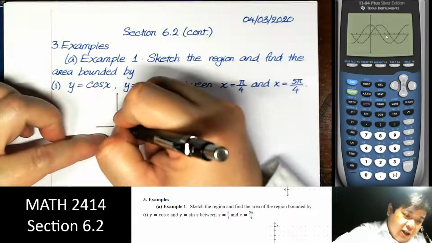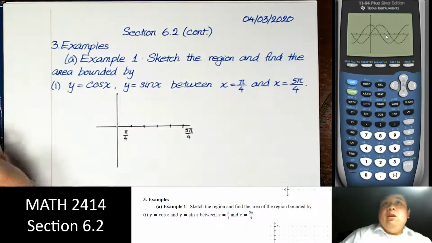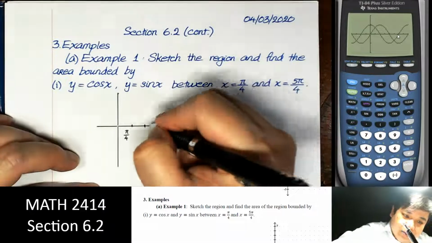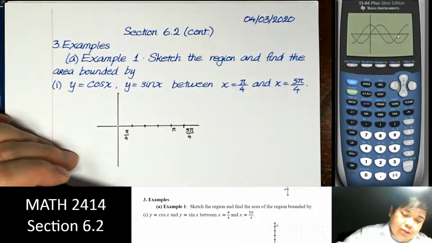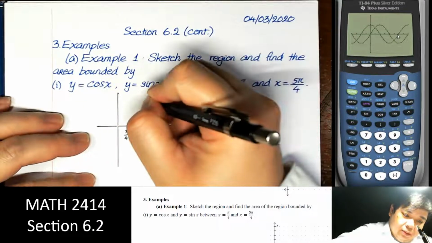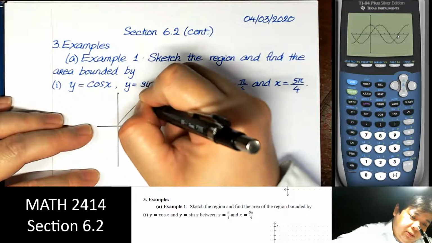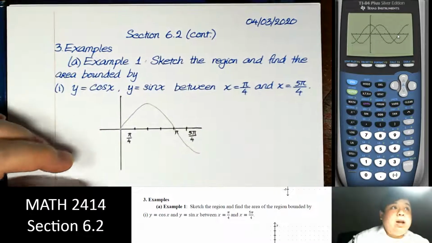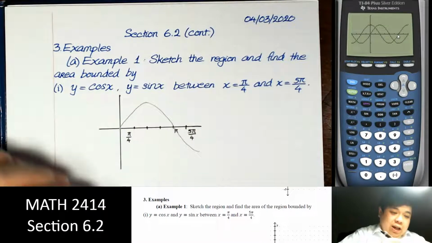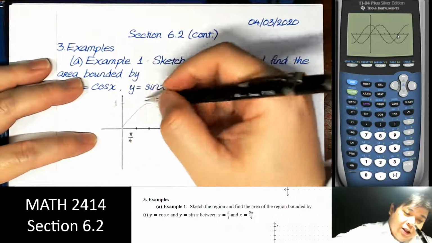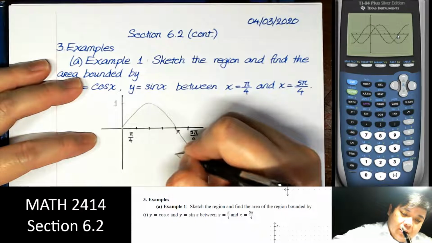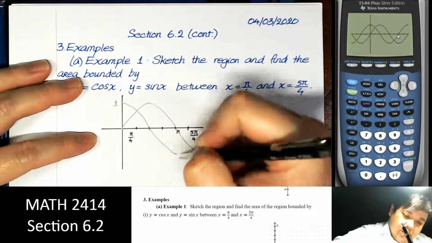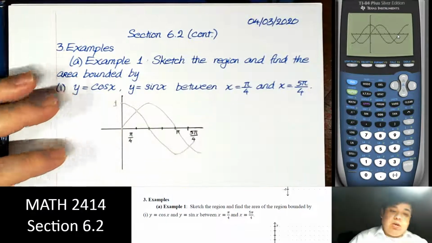Right, the sine from 0 to pi, so that is the sine, and then cosine will start from, so we'll talk about that.